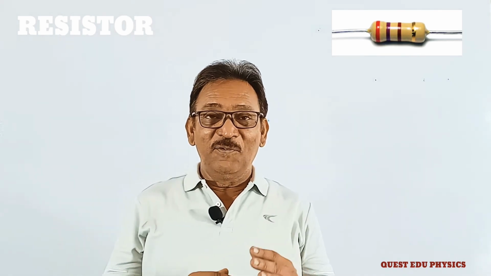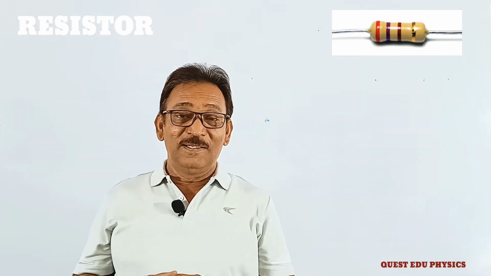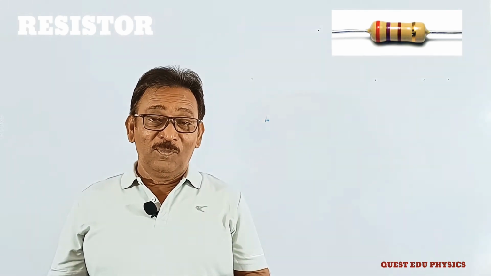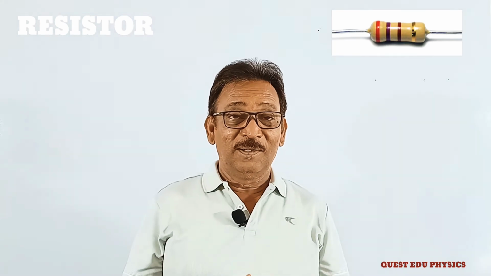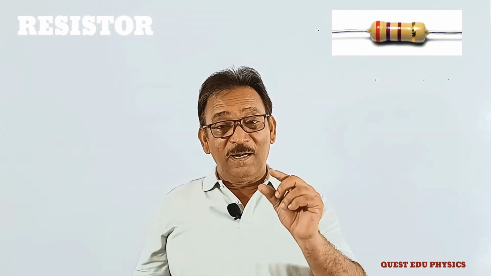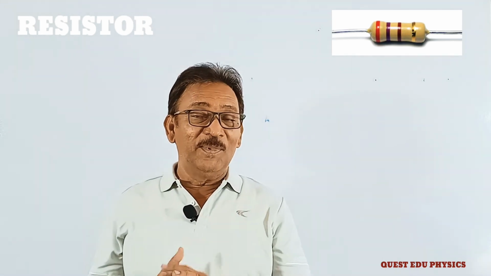We can further define it like this: a resistor is a two-terminal passive electrical element which is connected in a circuit. Here I am stressing the word passive. What is a passive element?